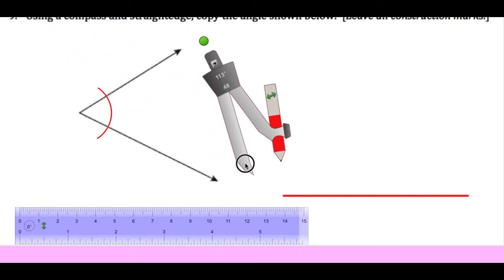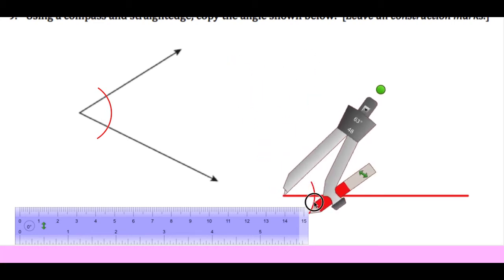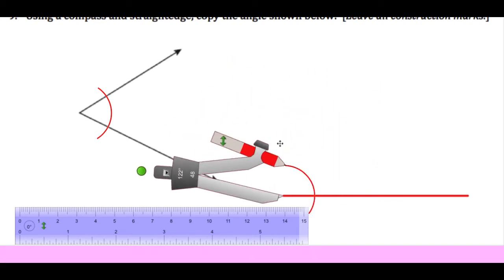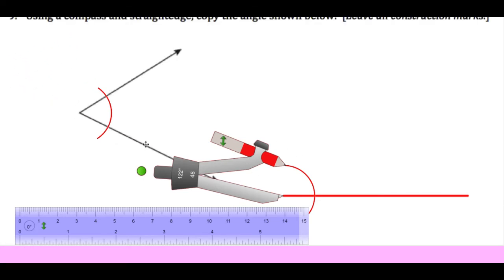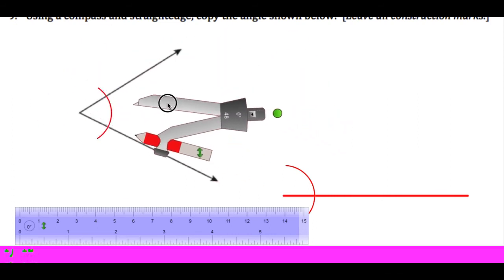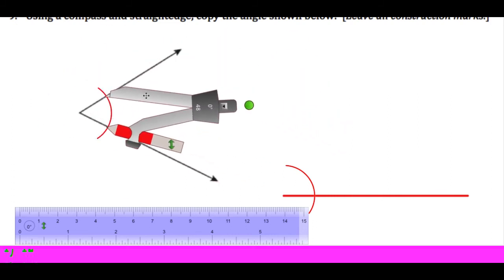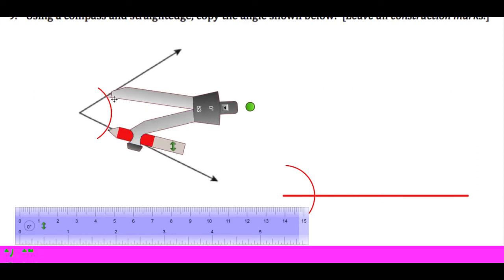Now, without changing the spread of the angle, I want you to copy the arc on the newly drawn line segment. And then go back, oops, and bring back the compass, and then I want you to measure the spread from this intersection to this intersection.